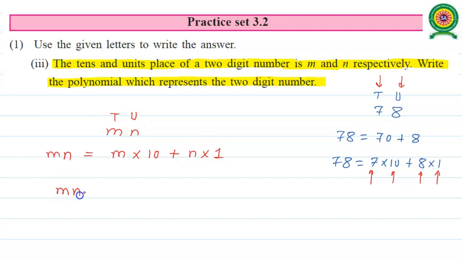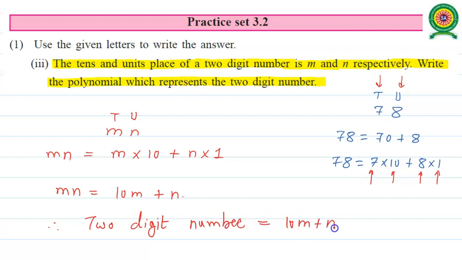Simplifying, the two-digit number mn is of the form m into 10, written as 10m, and n into 1 as n. Therefore the two-digit number can be represented as 10m plus n.